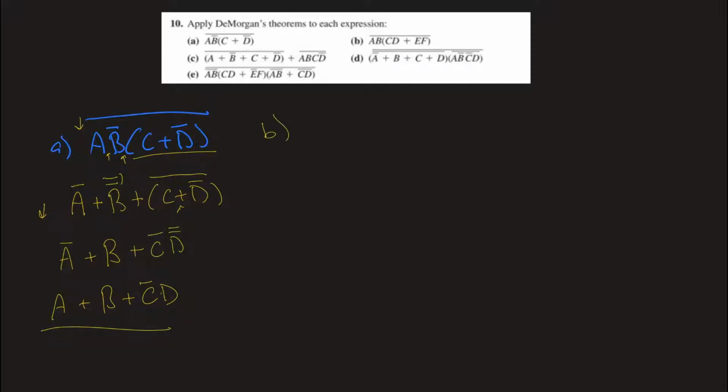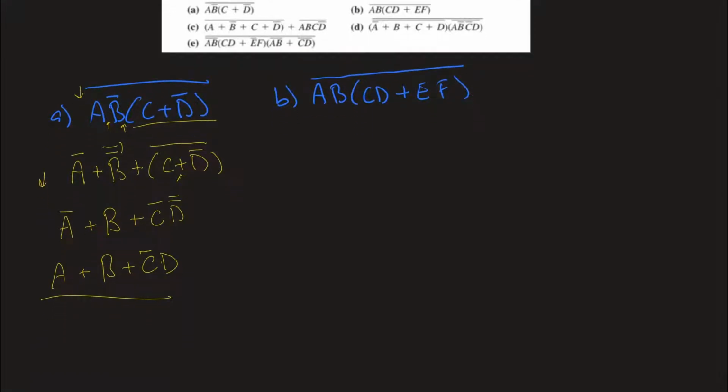So for B, we had A. Let me actually keep it so I can keep the original there. So for B, we had A, B, C, D, or E, F. And the whole thing had a bar over it. Alright, so these are the ones we want to take really slowly to make sure we don't mess up with one of the ANDs or ORs.